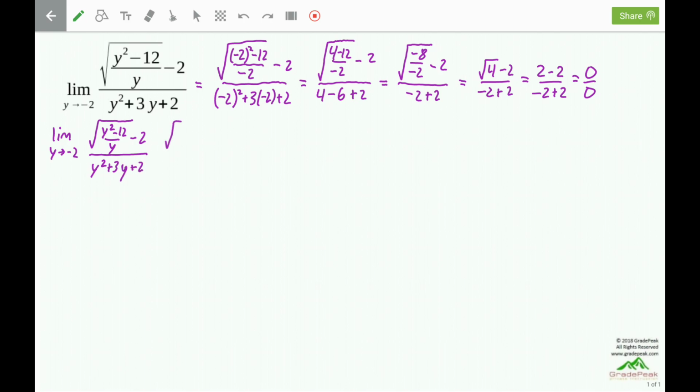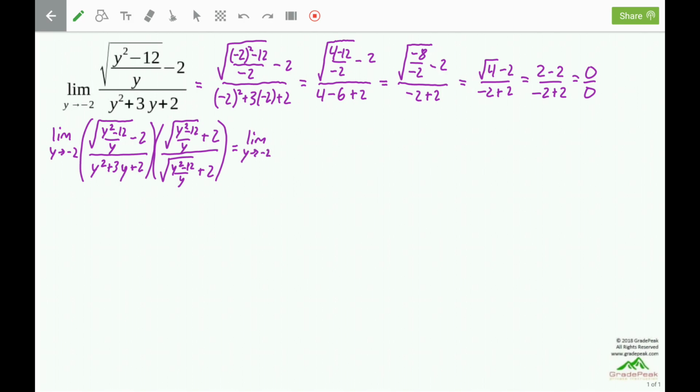Now, the root conjugate is going to be the same expression involving the root combination except with the opposite sign between the terms. So it will be a plus 2. I'm going to put it over itself so that we have a form of 1, because we're about to multiply these, and multiplying by 1 won't change the value. It's just going to change the look.